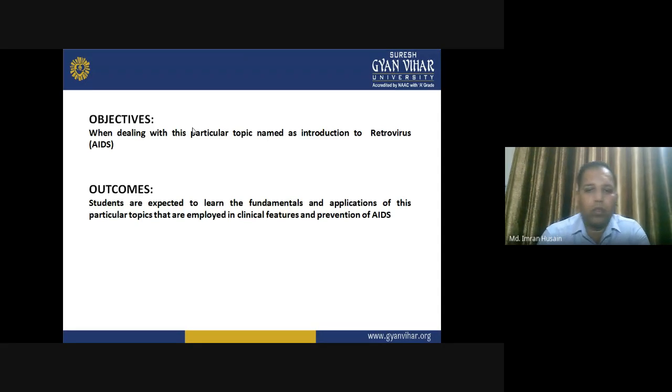And what will be the outcomes? You will learn about the clinical features and preventions that are essentially required in the prevention of AIDS.